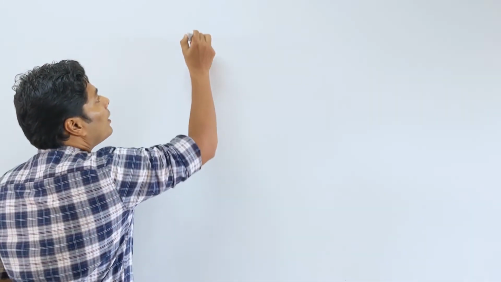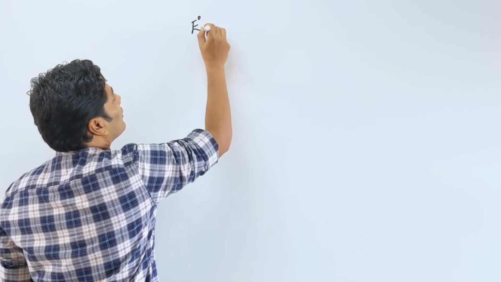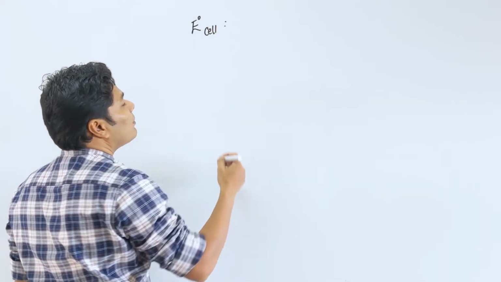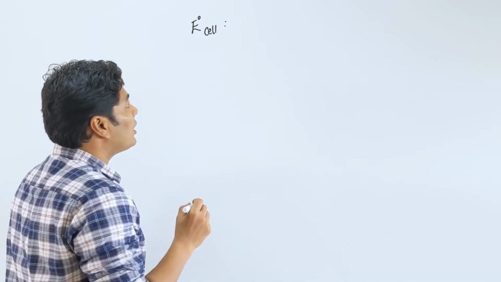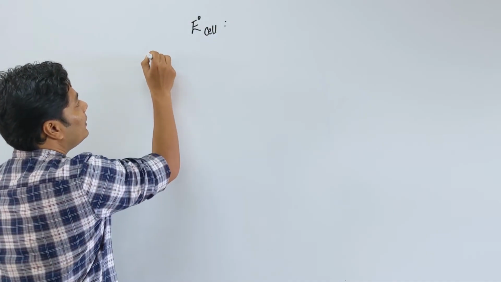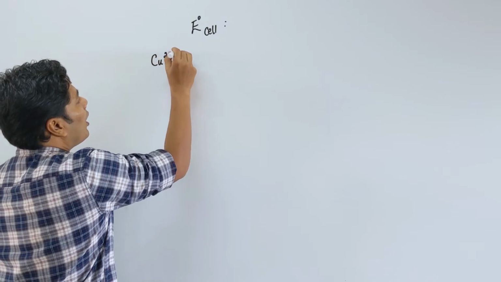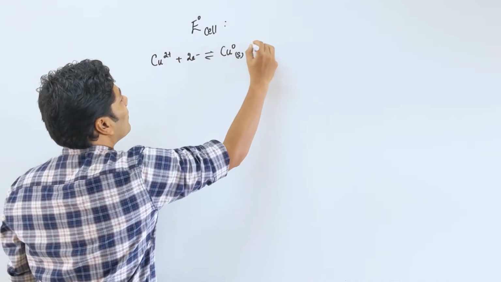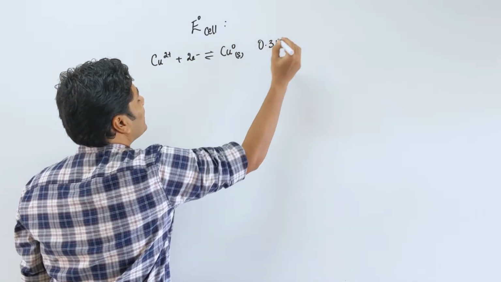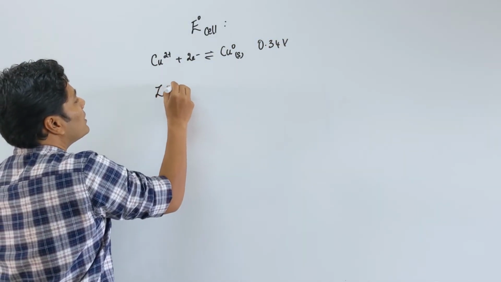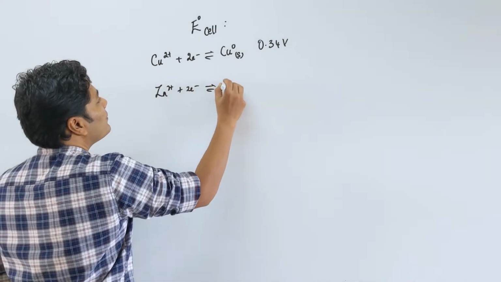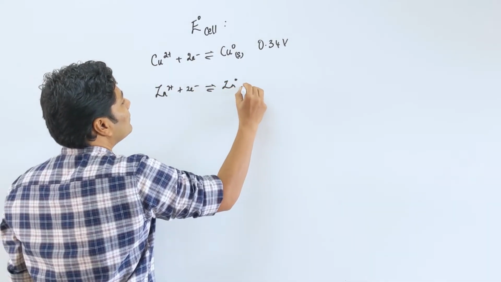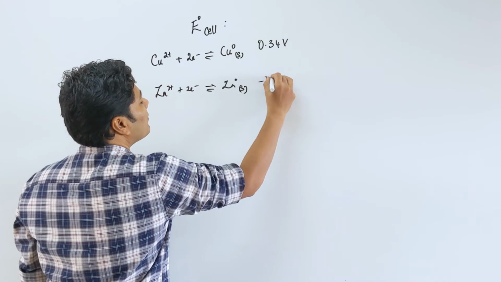The other pattern that comes in NEET, it has come many times, is how to calculate E naught of a given cell from two different reactions. Now you want to be very careful. For Daniel cell, for example, you have copper 2 plus plus 2 electron gives you copper 0, positive 0.34, zinc 2 plus plus 2 electron gives you zinc 0, solid, minus 0.71.